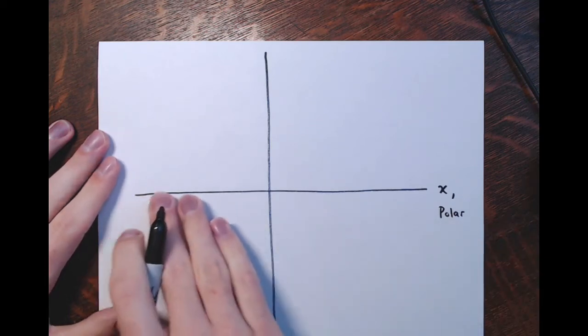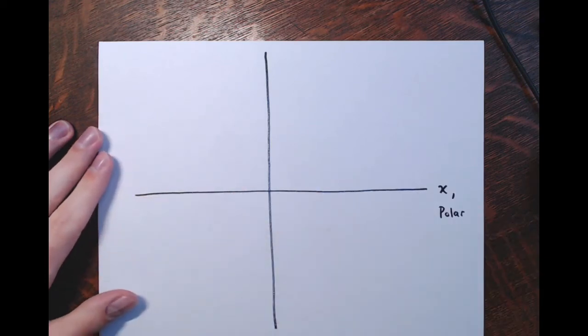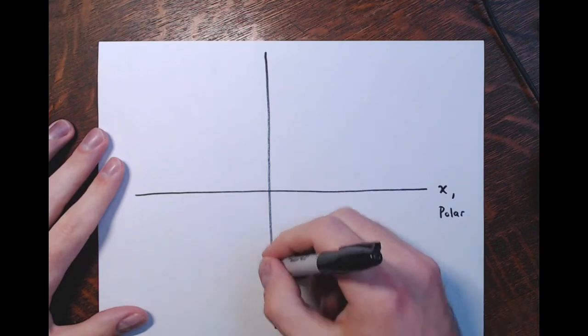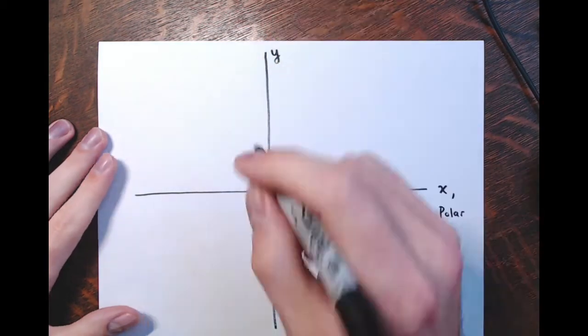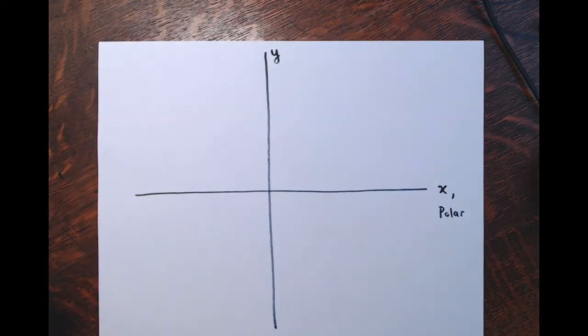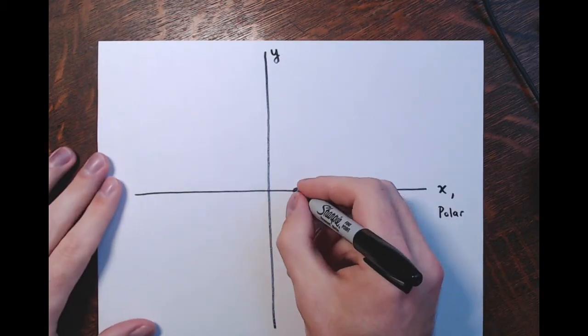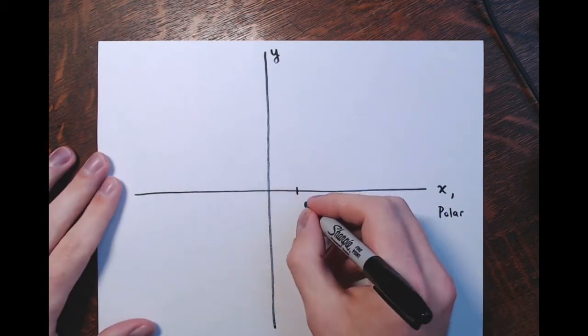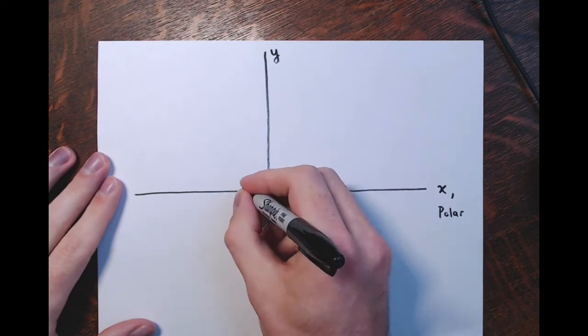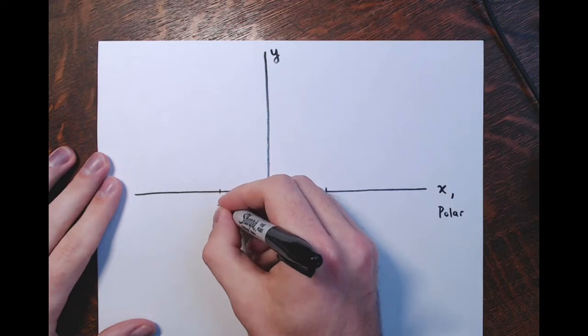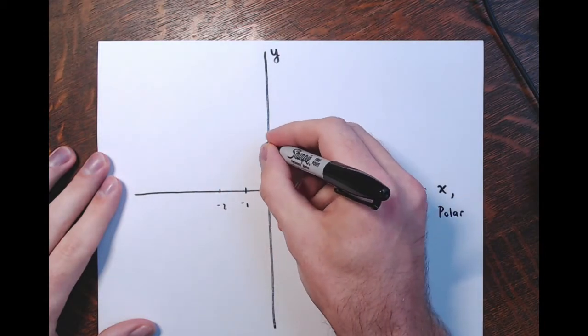So this is the x-axis slash polar axis. Then the vertical axis, in rectangular coordinates, is called the y-axis, and it's called nothing in polar coordinates. And then I'll mark off some integers here, just a couple: 1, 2, negative 1, negative 2, 1, 2.